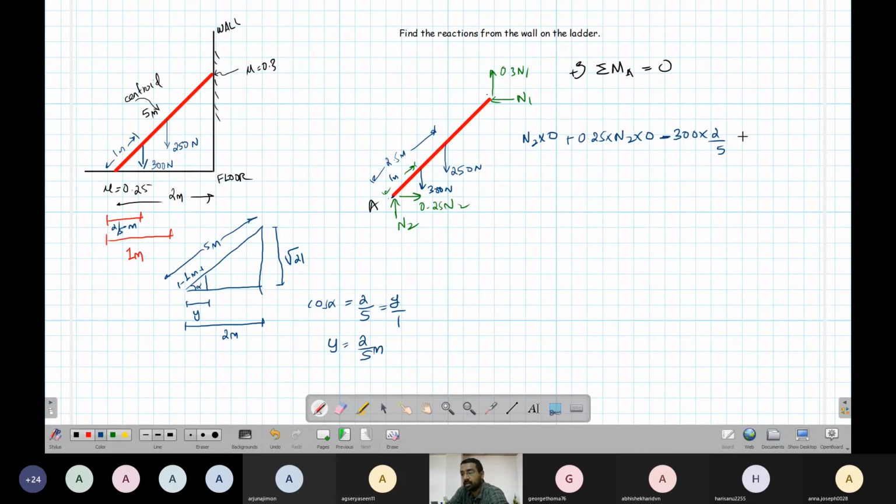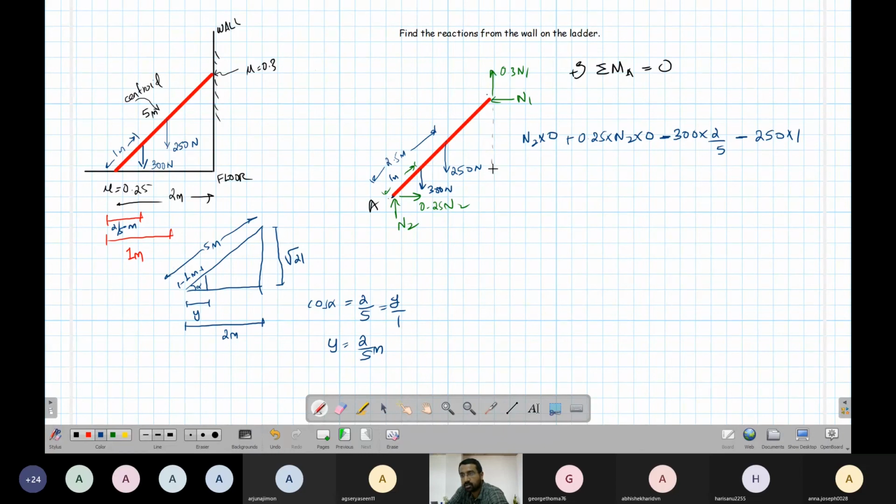Now this is 250. We have 250 times what is this distance? This distance is 1 meter. That's minus because it is also trying to rotate in the clockwise direction. Now the force N1, first we will do the 0.3 N1 component. What is the perpendicular distance?